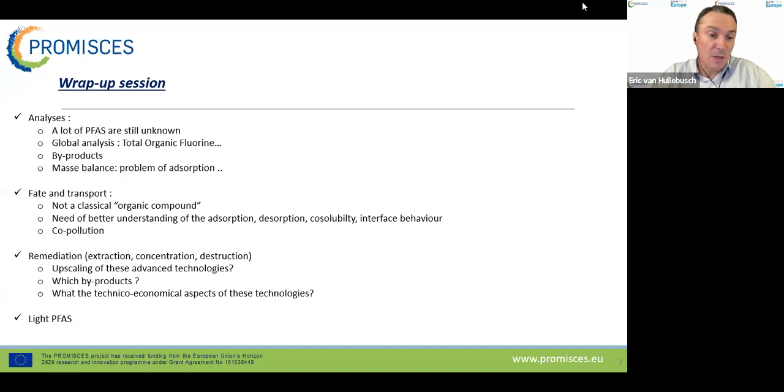Organic matter is also there, and for some processes we have inorganic cations that may also play a role in the efficiency of the process.